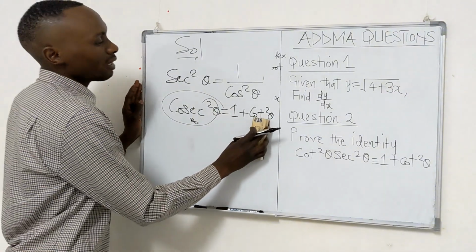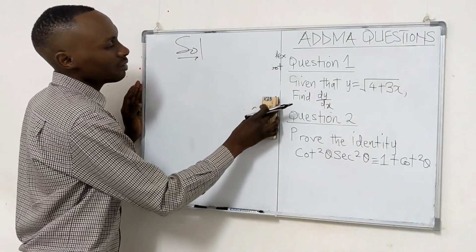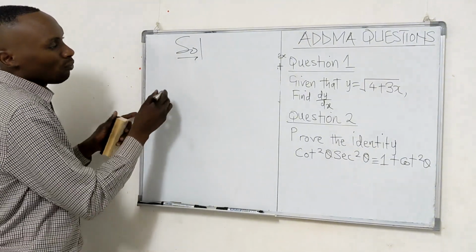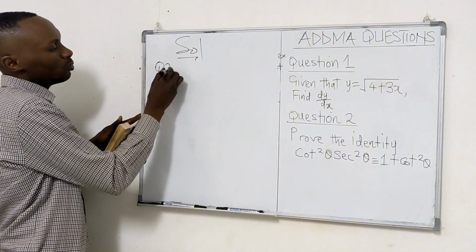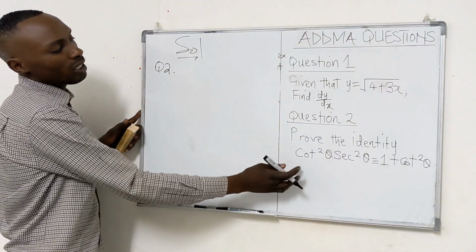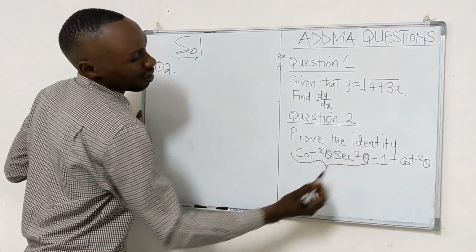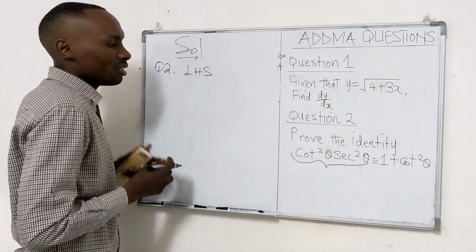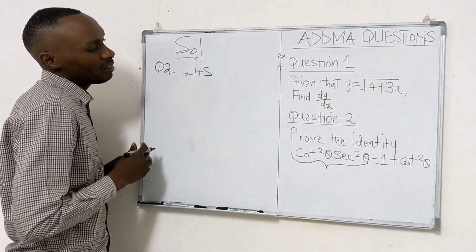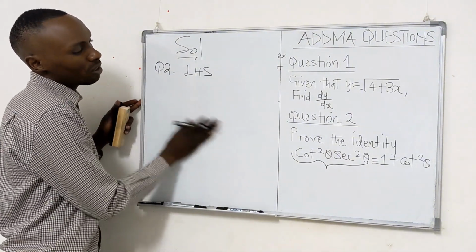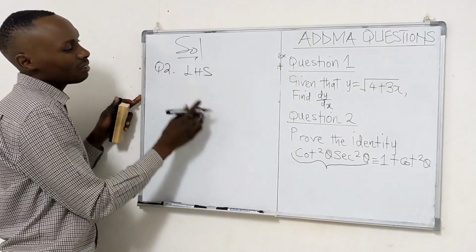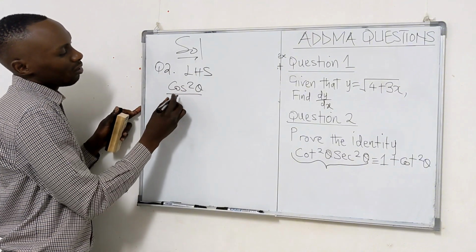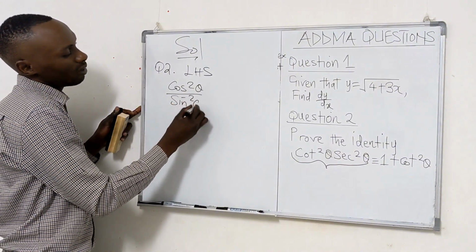So now let's prove the identity. Proving the identity, I'll just start with what I was just talking about. We're going to take the left hand side, proving the right side. This is going to give us the following. For cot squared, we said this is the same as cos squared theta over sine squared theta.